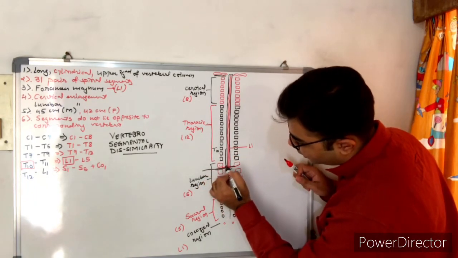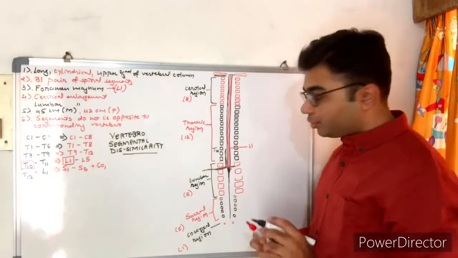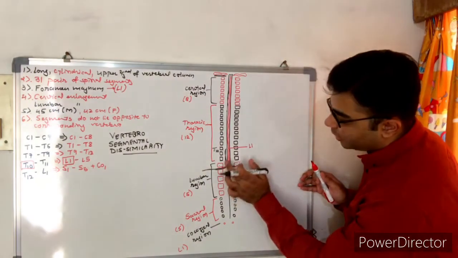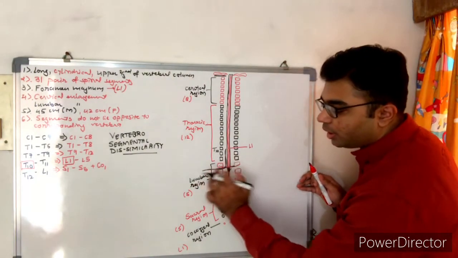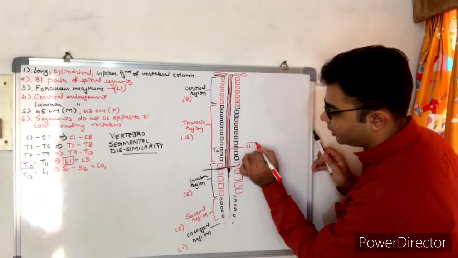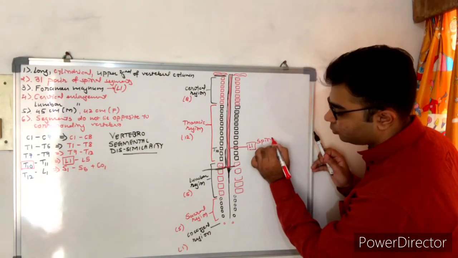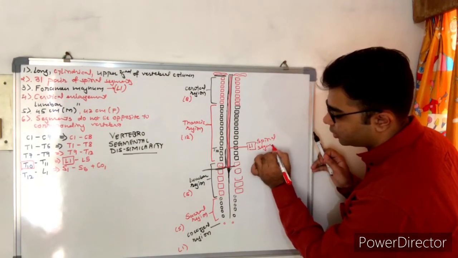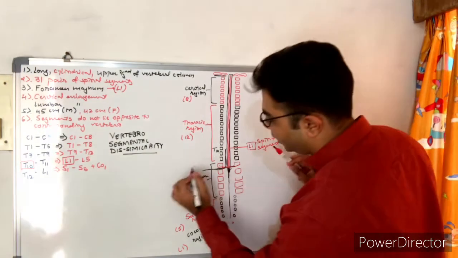This becomes the spinal nerve. The spinal segment lies actually superior to the spinal nerve. Let me highlight it: this is the spinal segment, and this is the spinal nerve.